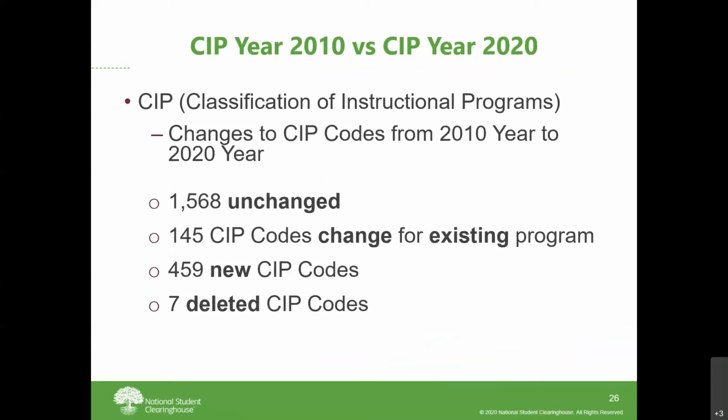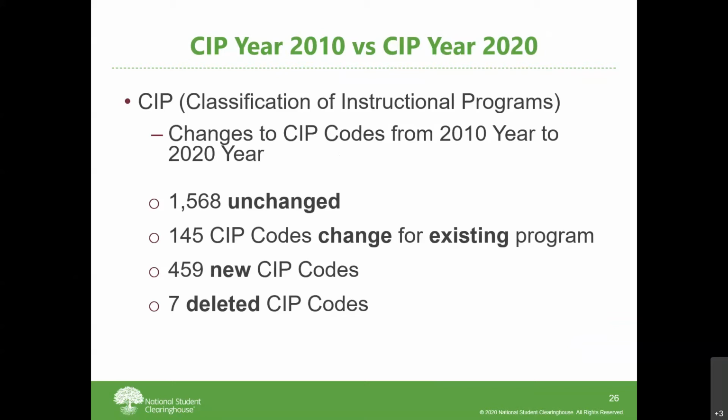So, CIP Year 2010 versus CIP Year 2020. And I really love this slide because it gives you an idea of what kind of changes could be impacting my school, or is my school going to be affected at all, or is my school going to be affected a lot? And so there's a great deal of variance about what degree this will impact your institution, and it all depends on what your course offerings are, what your catalog looks like for the program offering you have for your population at your school.